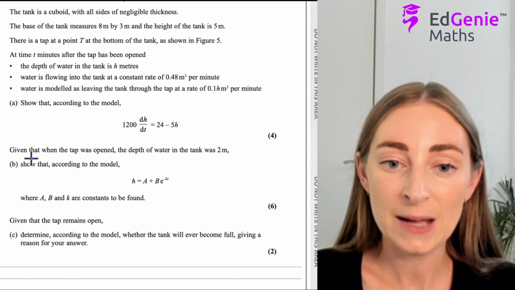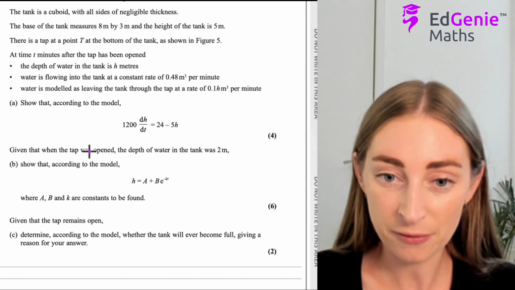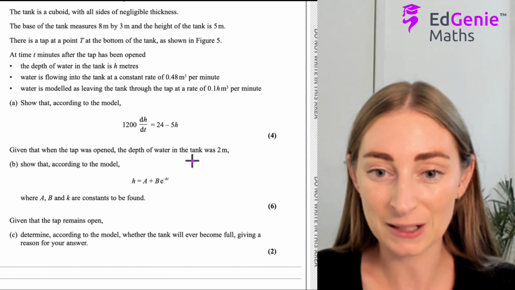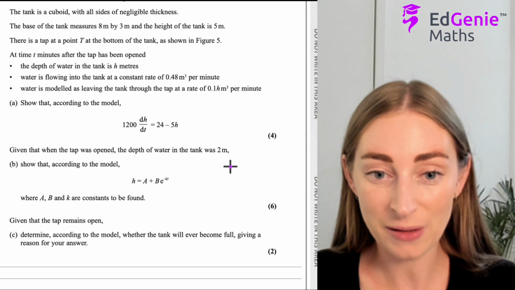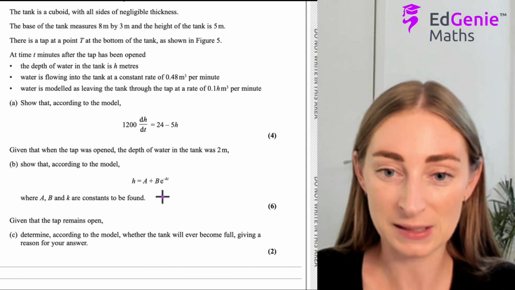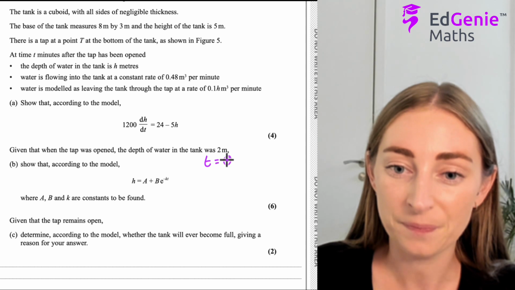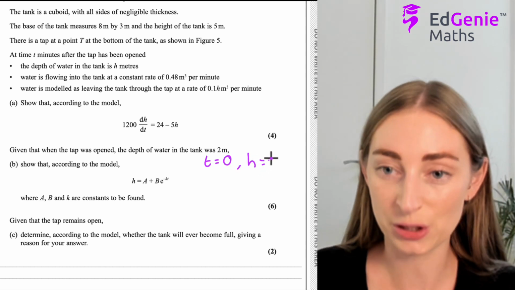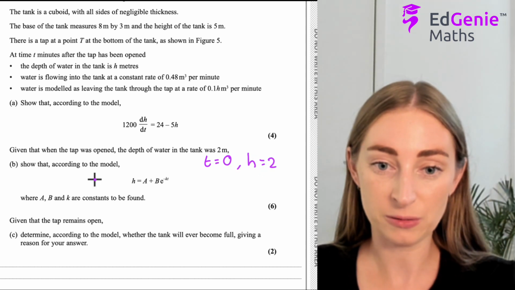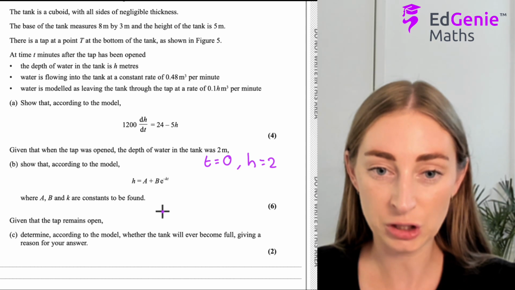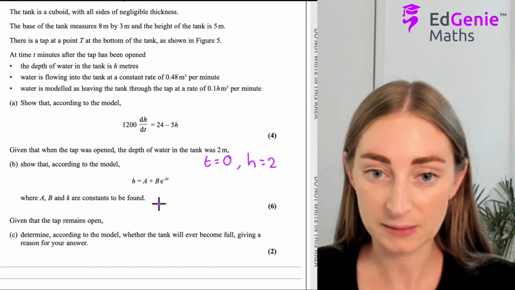Given that when the tap was opened, the depth of the water in the tank was 2, show that according to the model, this is true. So what they're saying is t equals 0, h equals 2. According to the model, show this. So I'm going to have to integrate.